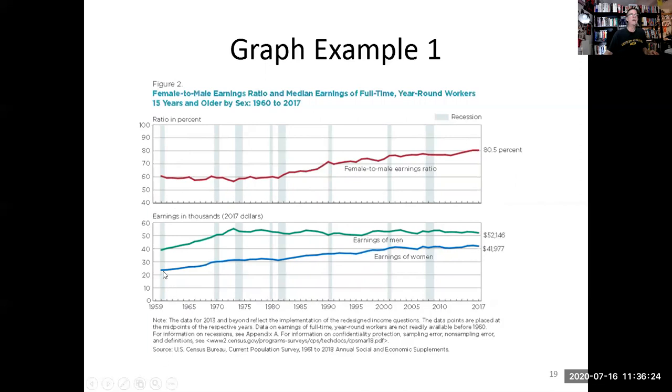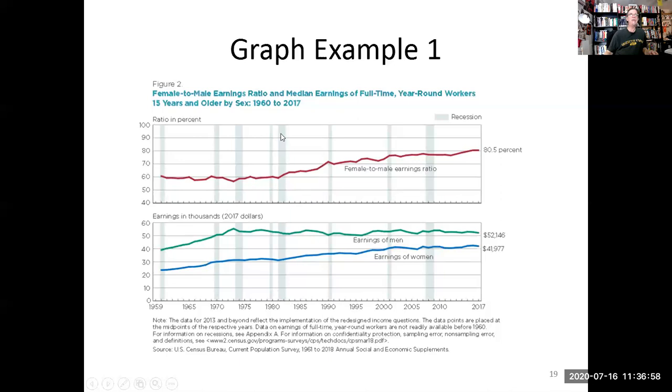So in 1960, women on average, the median, excuse me, I said average. Pardon me if I said that. It's easy for anybody to confuse that. Sometimes you will see an average in this stuff, but this is median, the midpoint. So in 1960, half of women working full-time year-round, 15 years of age or older, in 2017 dollars made about 24,000, whereas men made about 40.